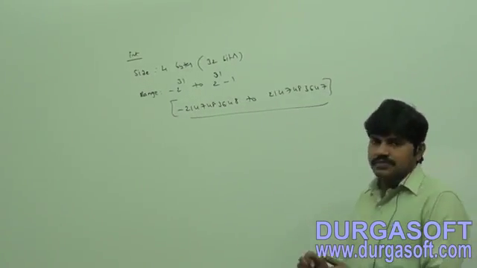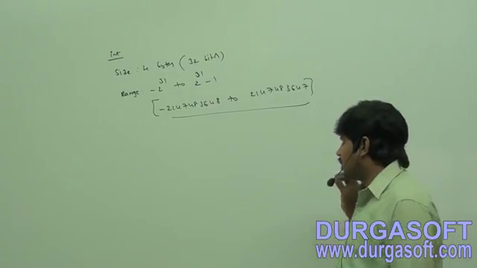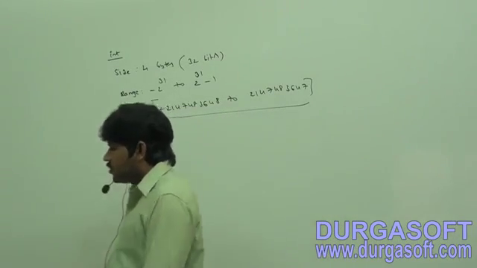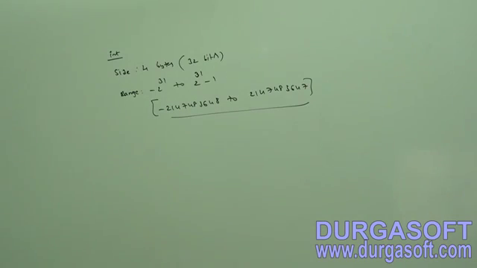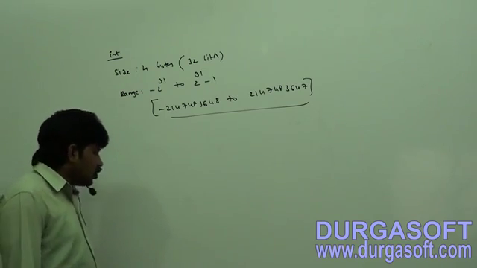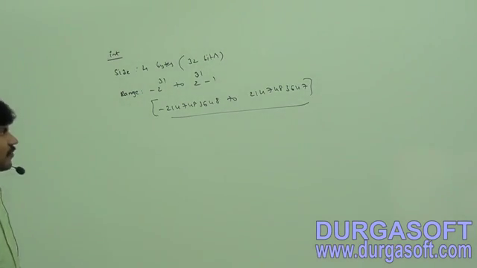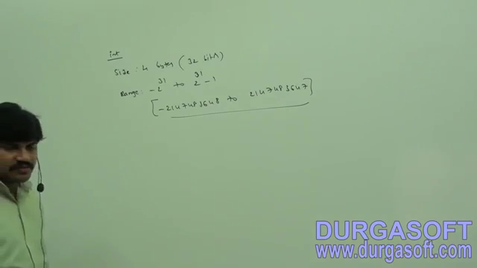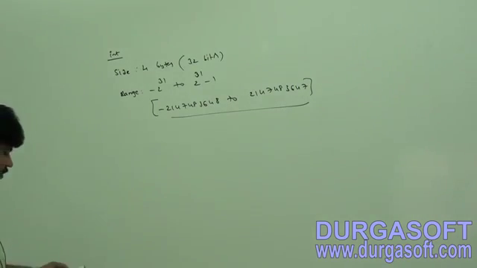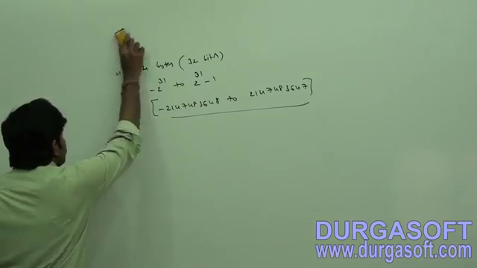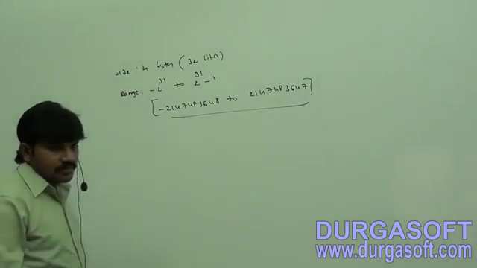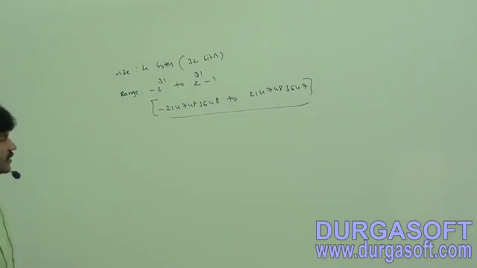Next, range: minus 2 power 31 to 2 power 31 minus 1, that is minus 2147483648 to 2147483647. What is the size and what is the range?